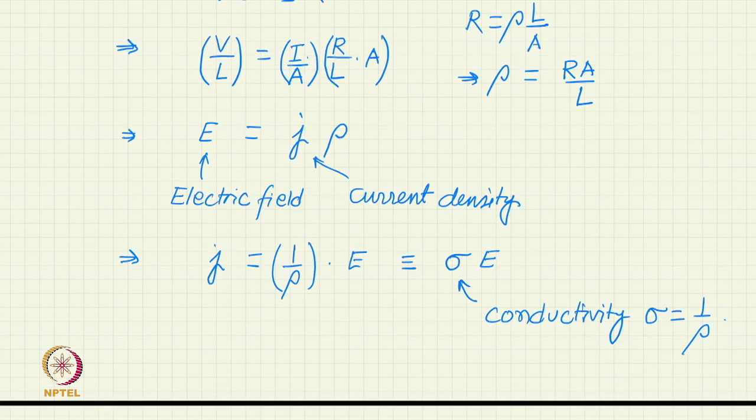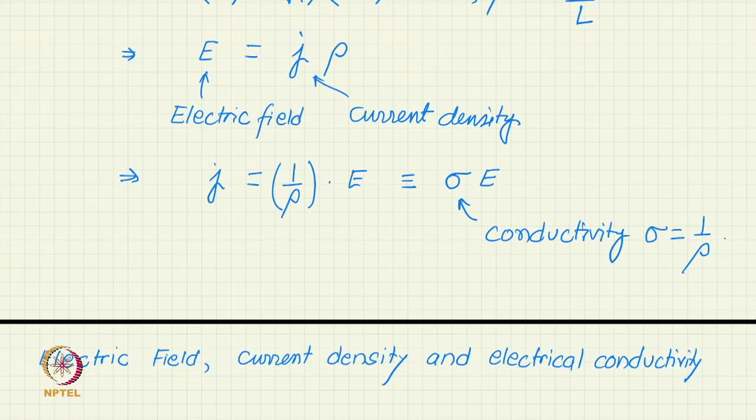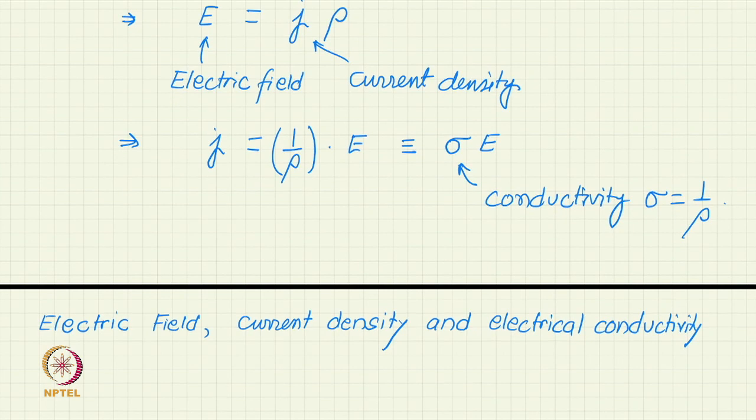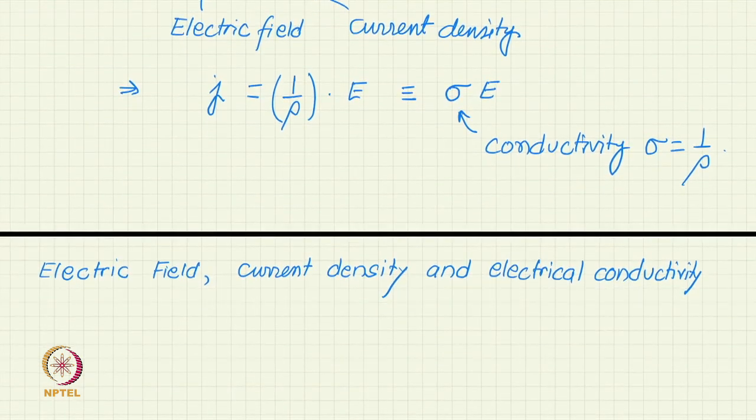So, in this microscopic formulation, we can write the current density J as conductivity times the electric field.